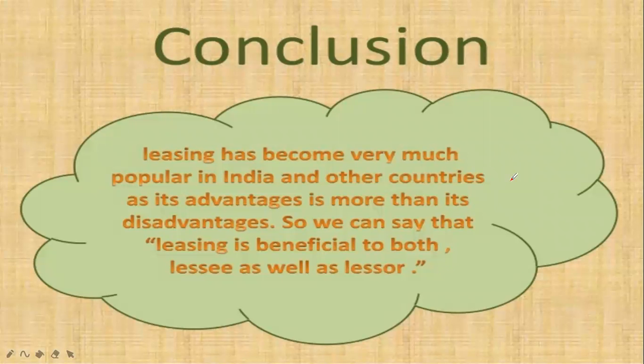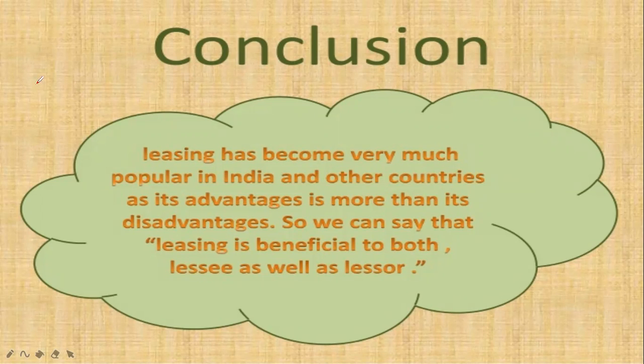So this was the topic I wanted to tell. What you can conclude is that leasing has become very popular in India and other countries because of its advantages. Leasing is beneficial to both lessee and lessor. Why is it beneficial?